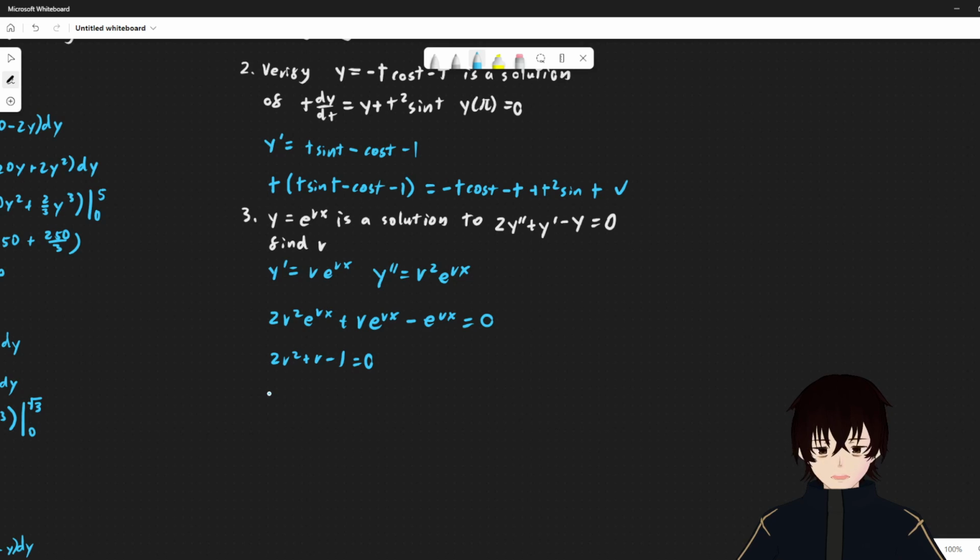So therefore, I'm supposed to solve this normally. 2r minus 1, r plus 1 is equal to 0. R is equal to -1 and 1/2. Right.